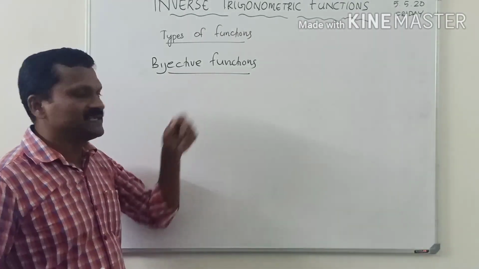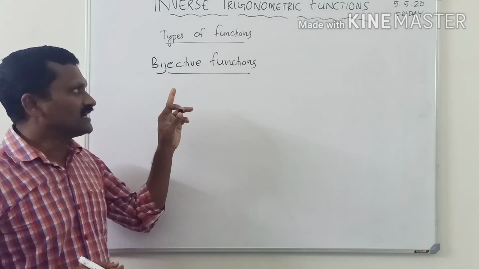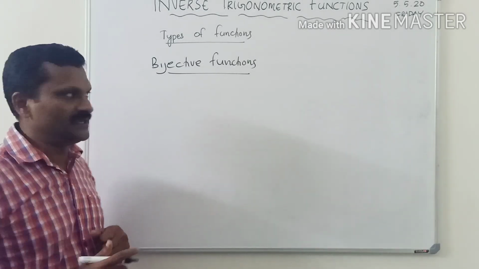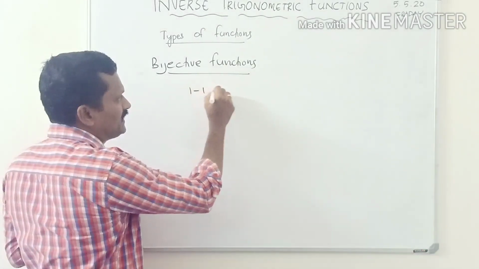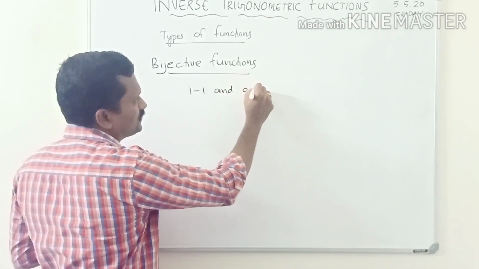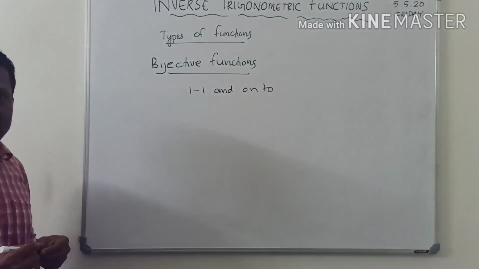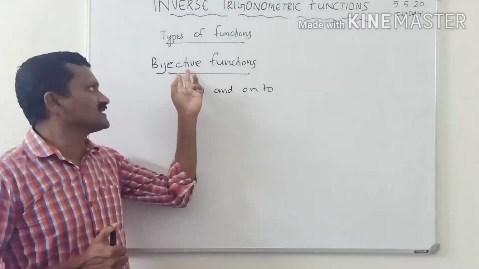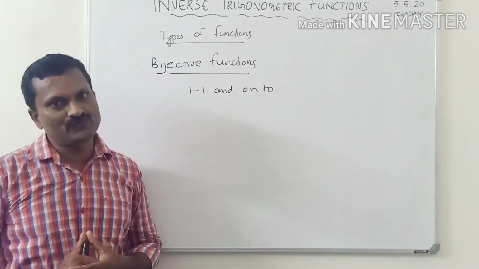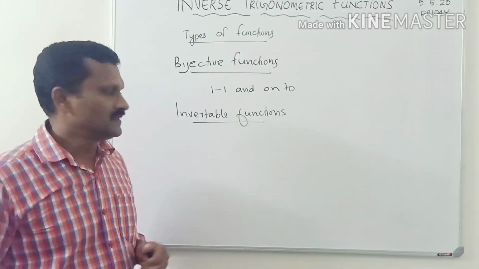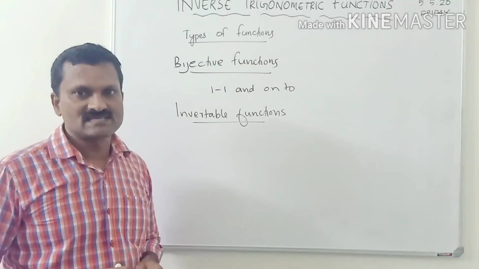Next, bijective function. A function is said to be bijective if it is both one-one and onto. The function is both injective and surjective. Such functions are called bijective functions. Invertible functions.